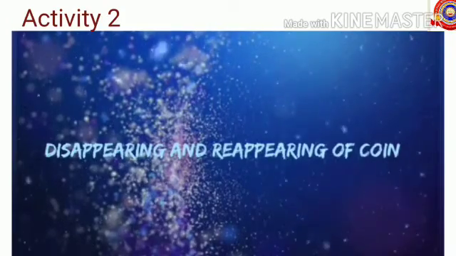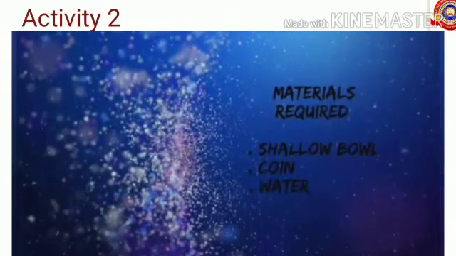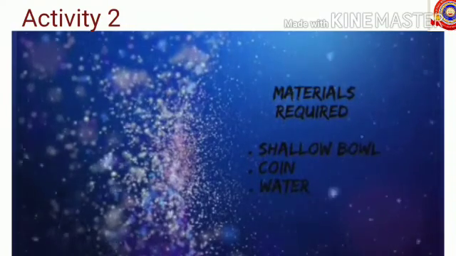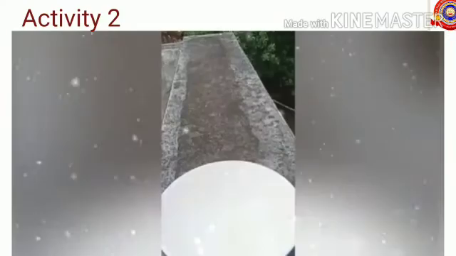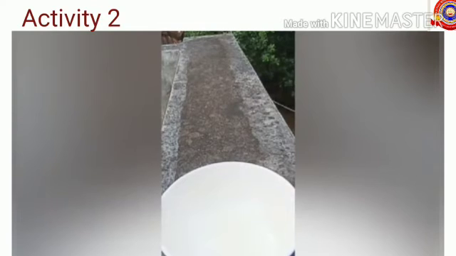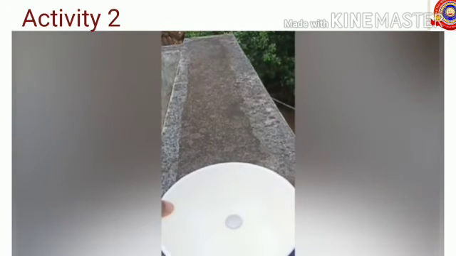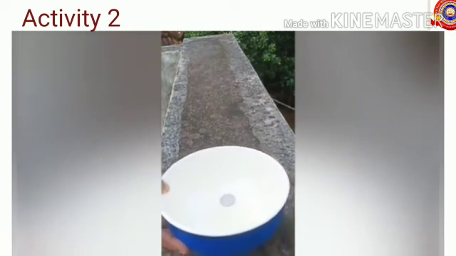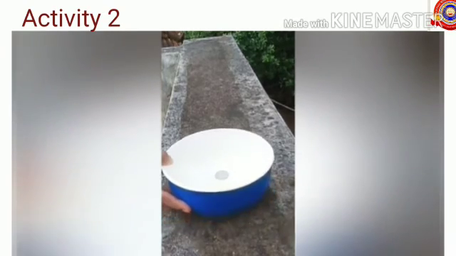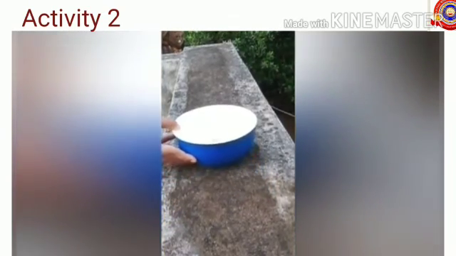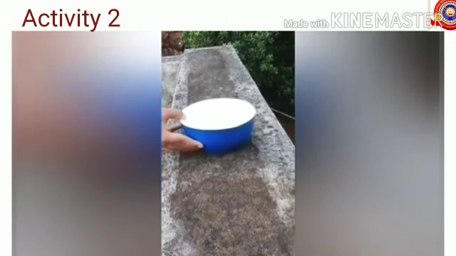Next one, disappearing and appearing of coin. For this activity we need a large shallow bowl, a coin and some water. So let's know how this happens. Take a shallow bowl and place a coin inside the bowl and observe slowly. Move the bowl away from you slowly, all the while looking at the coin. Stop moving when the coin disappears from your sight.